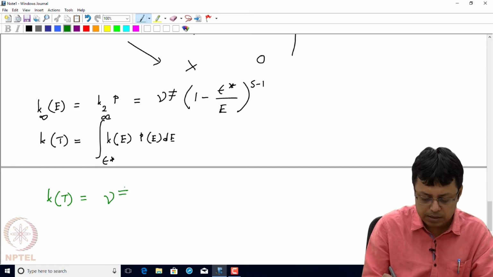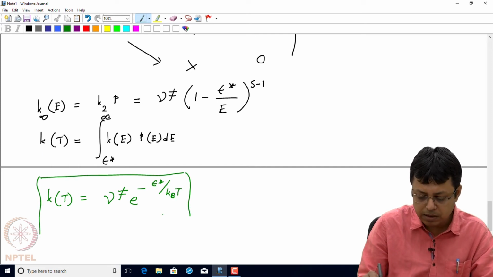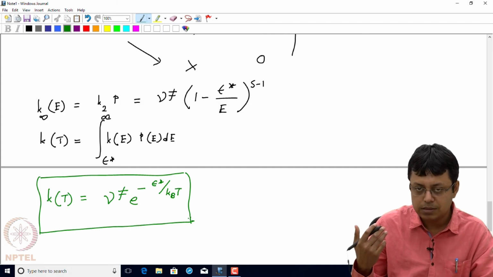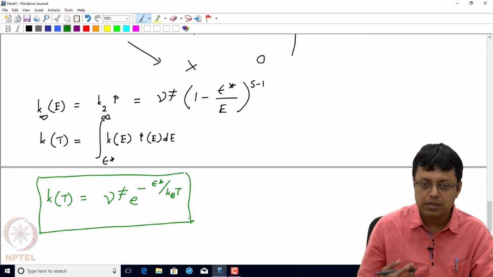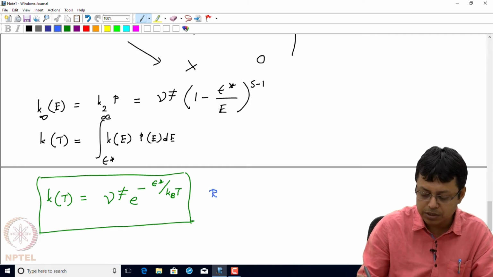You will see that it will be something like nu dagger times e to the power minus E star by kBT. What we basically found going from this collision theory, which is the Lindemann theory, to this theory is very interesting. The collision theory says that it is basically the number of collisions.